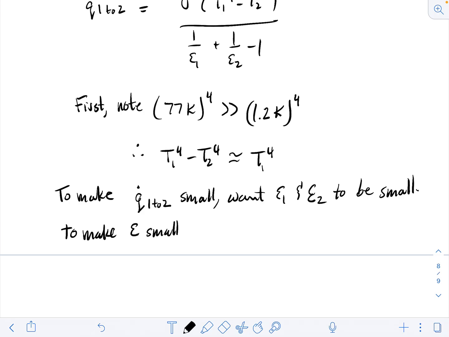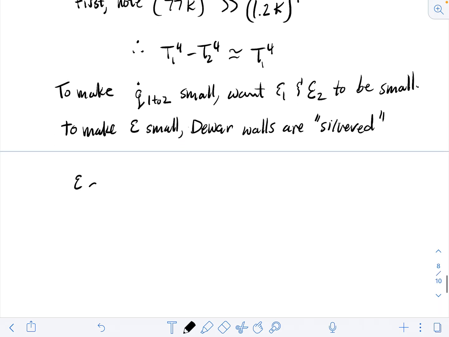So to make epsilon small, the Dewar walls are silvered. So that means they have a thin metallic coating that's very shiny and reflective. And this makes epsilon about, it might be 0.03 or something like that, 3% absorbing.